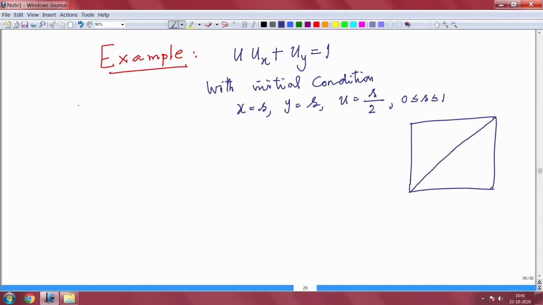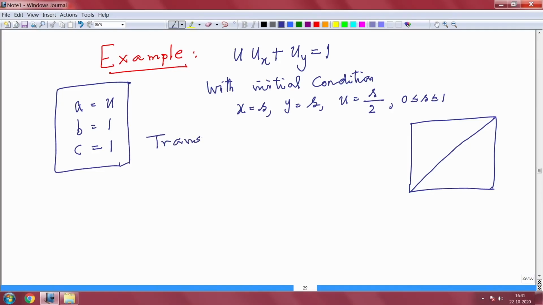So, let us do it. What is your a? a is equal to u, your b equal to 1, and c is also equal to 1. That is very clear. So, first verify the transversality condition.